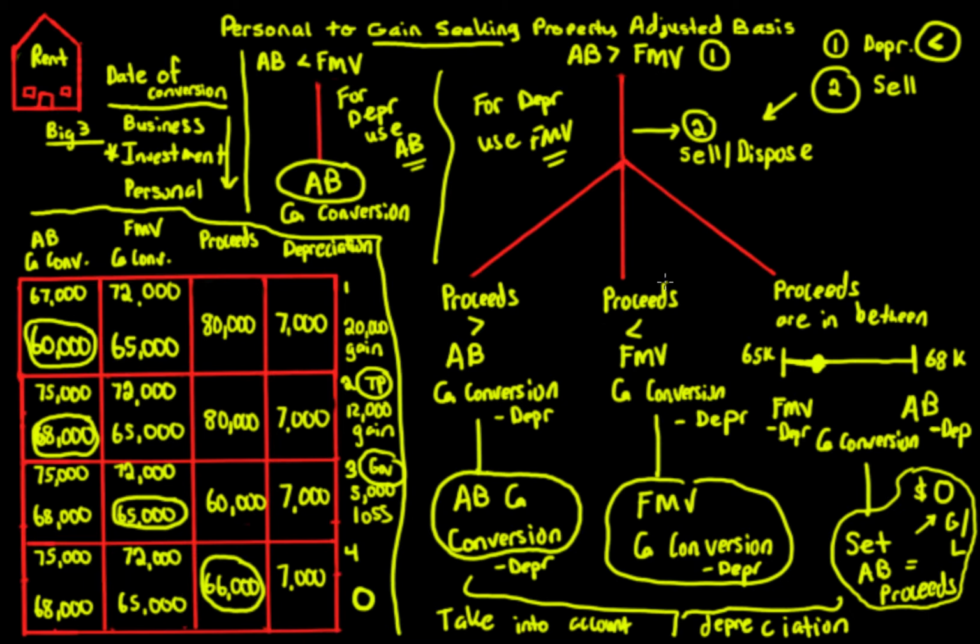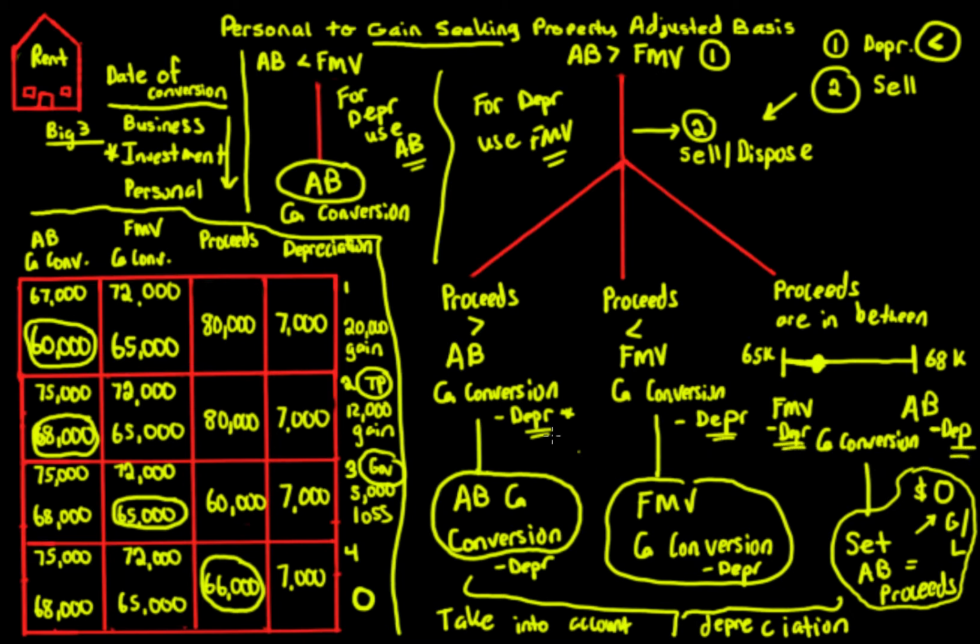No. But are the proceeds less than fair market value? The proceeds of 66 less than 72? Yes. So if you don't take into account depreciation, we would have actually said we're here, which is wrong. That is not correct. You have to take into account depreciation. Very important. It's very, very important that you do that.